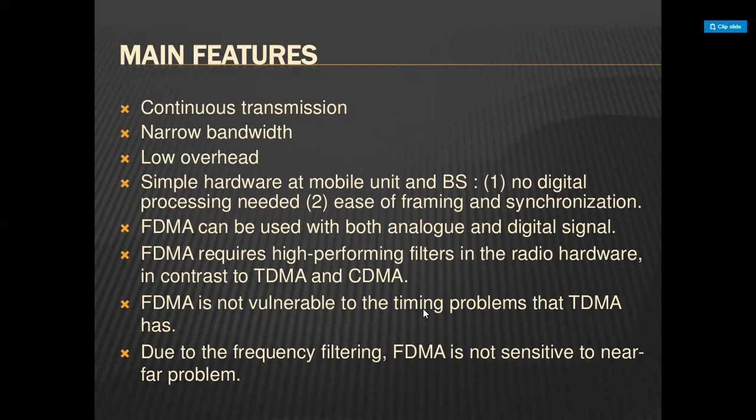That is, in TDMA different time slots are allotted, but in FDMA, because each user is given an individual channel, there is no problem with the timing. And due to frequency filtering, it is not sensitive to the near far problem, where there is leaking of frequency. So here there is not that much problem because of filtering.